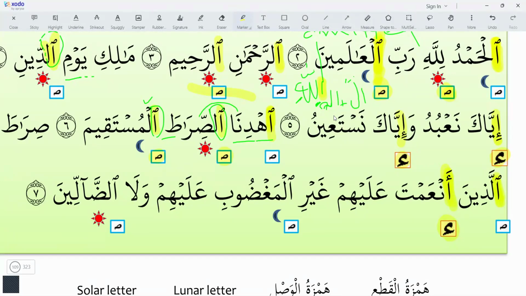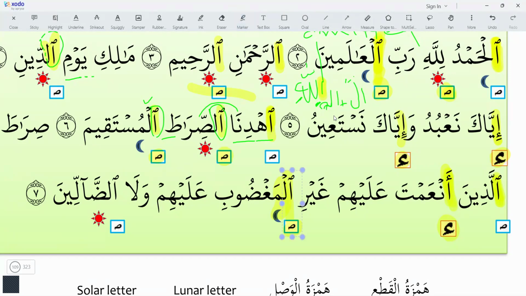Al-Maghdubi. This is Hamzatul Wasl and Huruful Qamariyah, because the lam we pronounce.